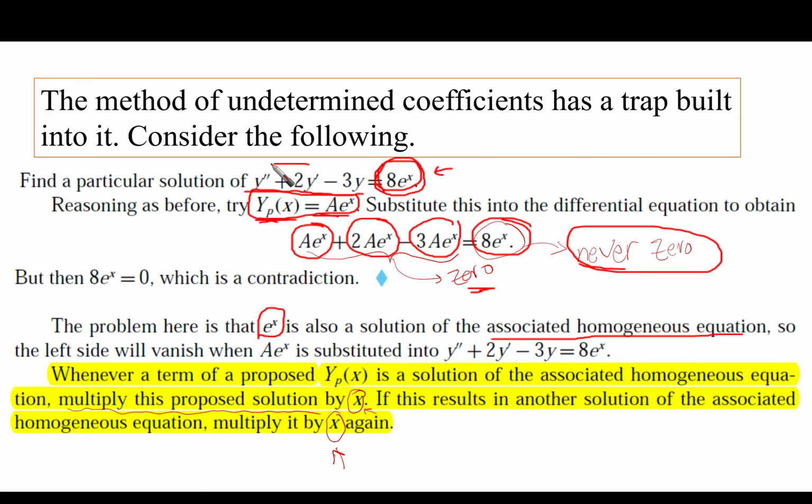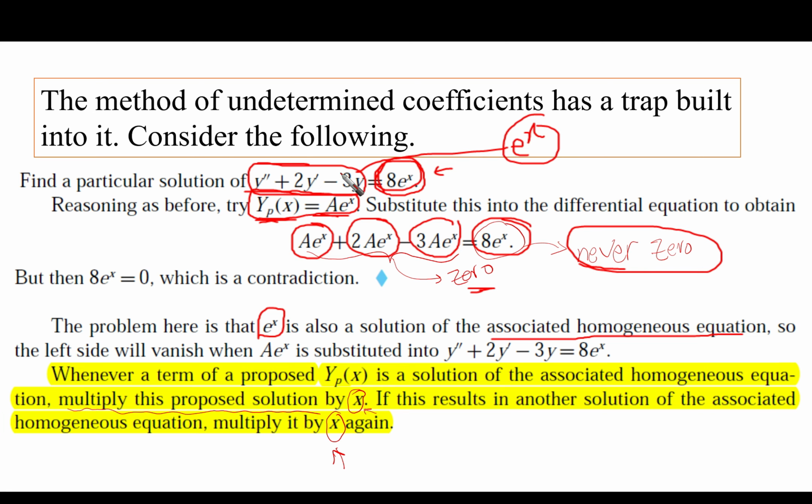I said that it is very easy to get the solution for it, but if you look deeper, you find that e to the x is one solution of the associated homogeneous equation.